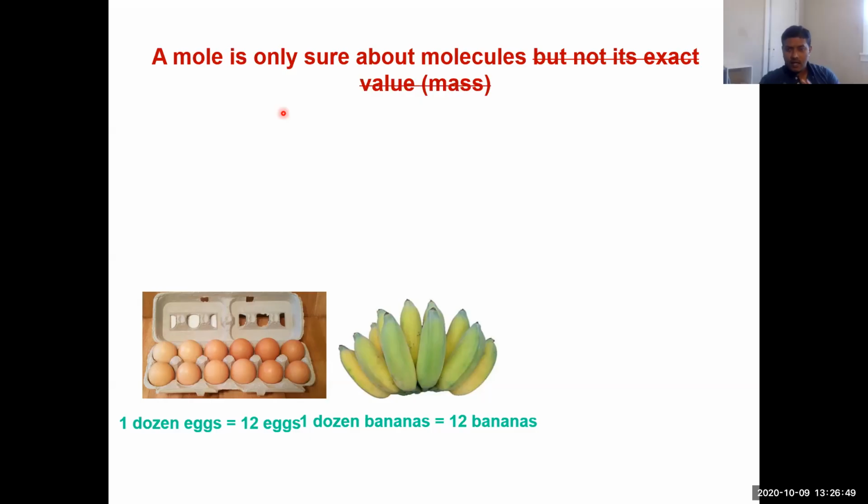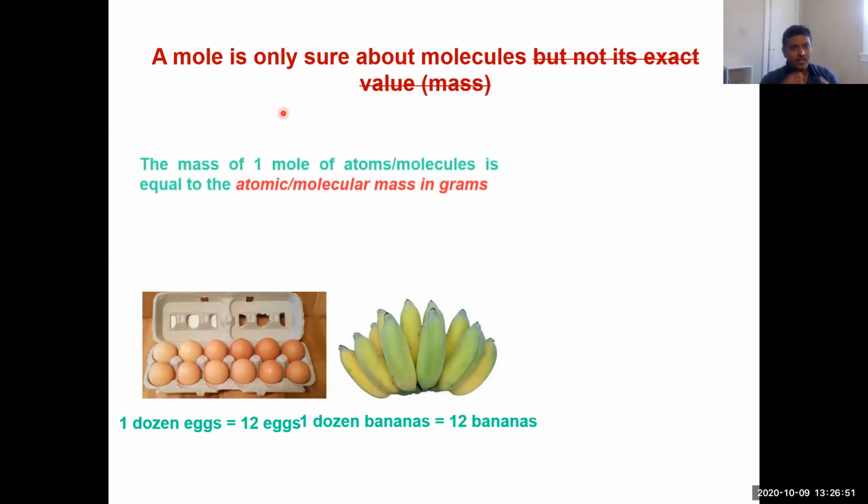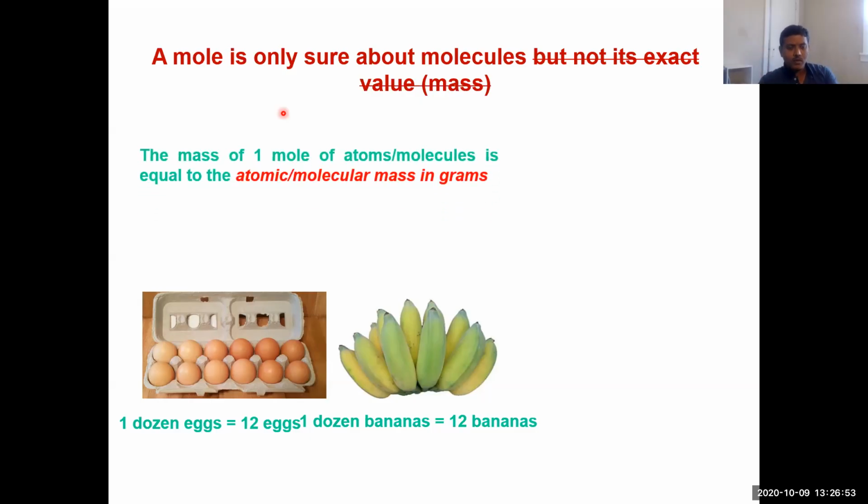So again, I have this here to help you imagine what I'm talking about. Let's say you know that a dozen eggs contains 12 eggs, and a dozen bananas contains 12 bananas, but do you expect a dozen eggs and a dozen bananas to weigh the same? No, because they are different. Just like how eggs are different from bananas, one element is different from another element, right?